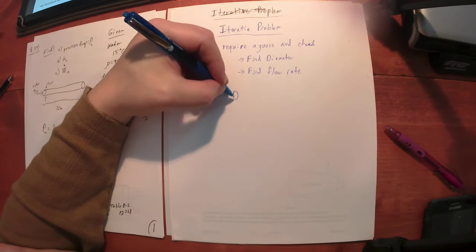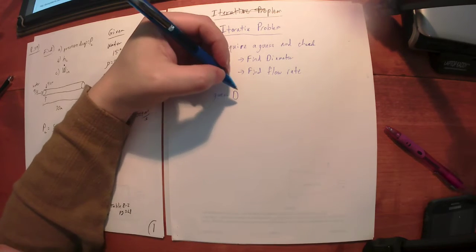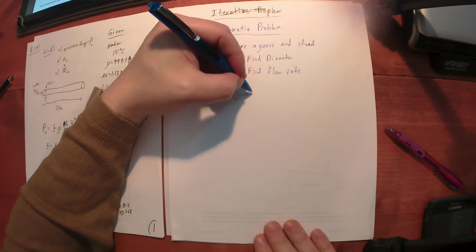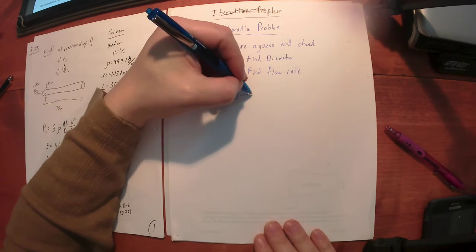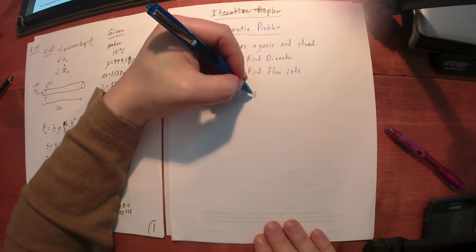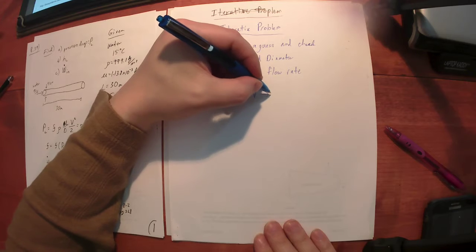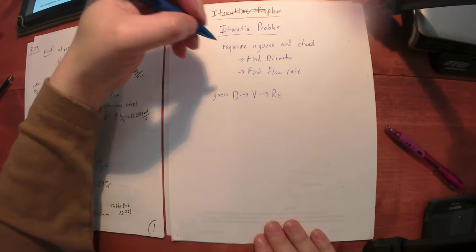You're going to have to guess, if they're wanting to know the diameter, you're going to have to guess the diameter. If you guess the diameter, then if you know the flow rate, you should be able to find the speed. Given the speed and the fluid properties, you can then find the Reynolds number.